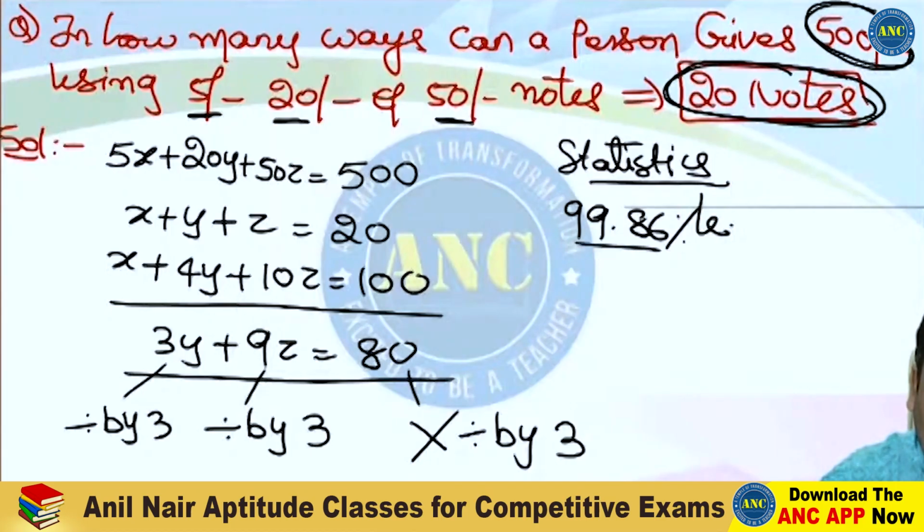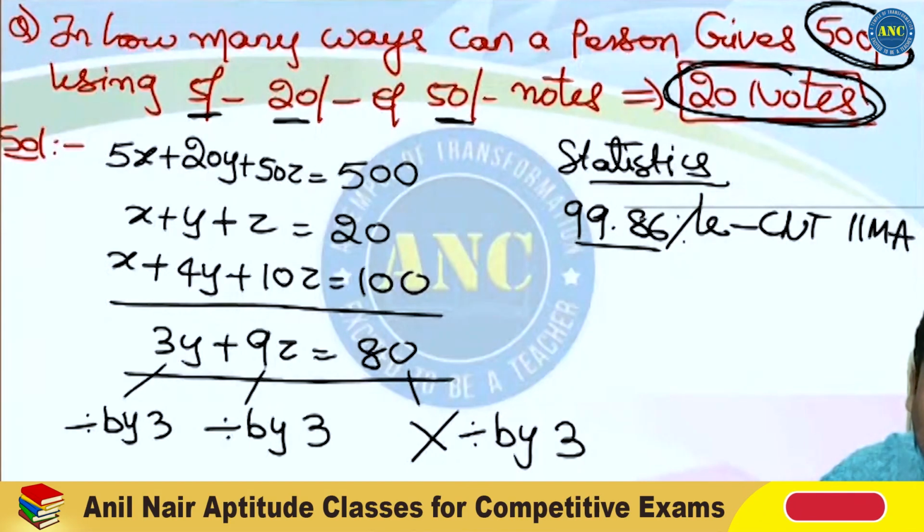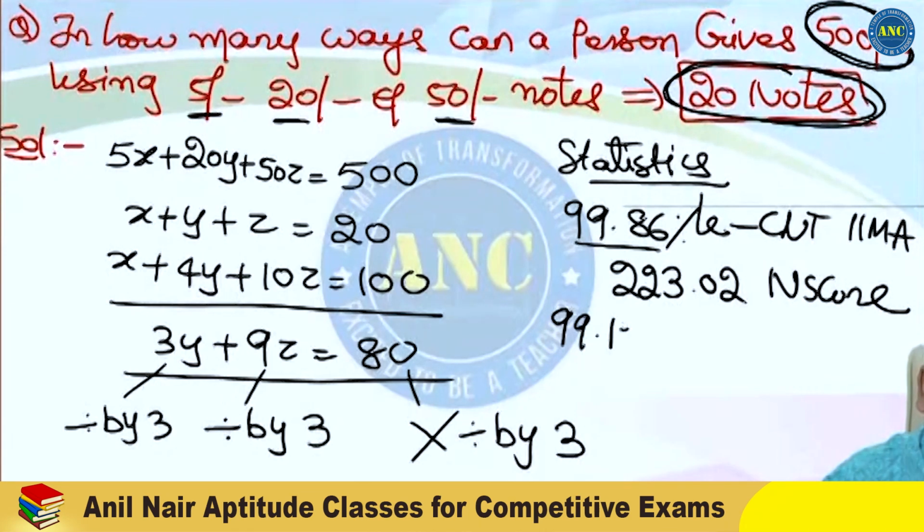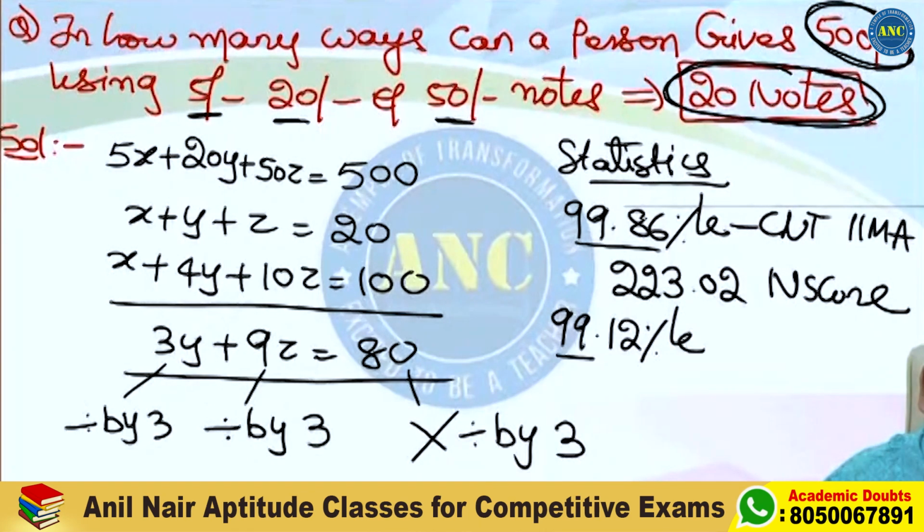99.86 percentile is the cutoff to get into IIM Ahmedabad. 223.02 is the normalized score, and he got 99.12 percentile, since we are from the OC category, and a score of 219.86.